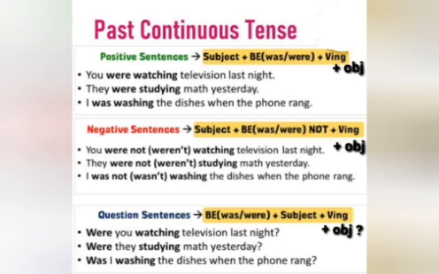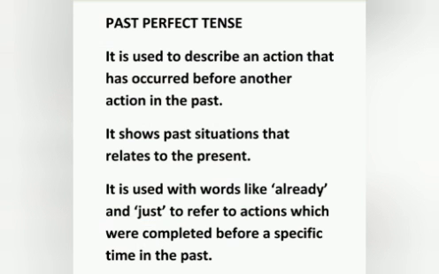Next, we have past perfect tense. Now, this is used to describe an action that was placed before another action in the past, that occurred before another action in the past.